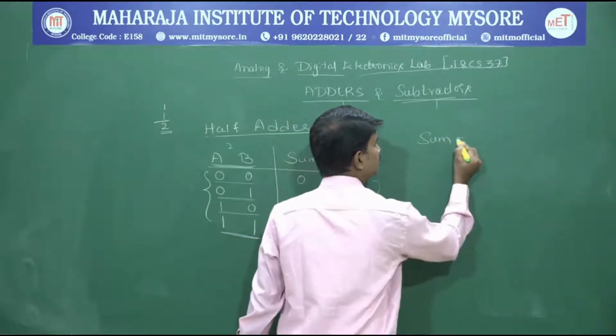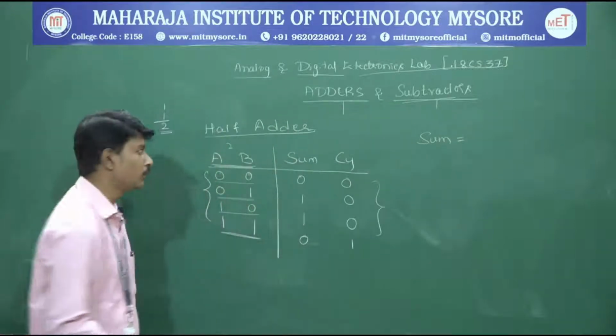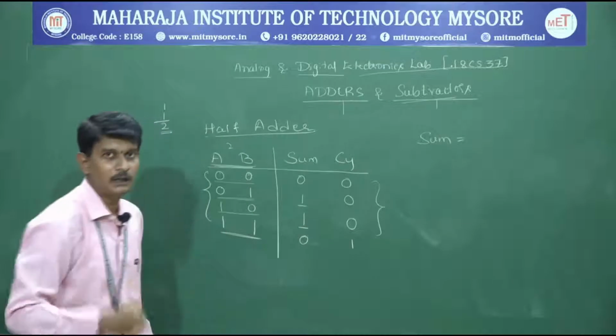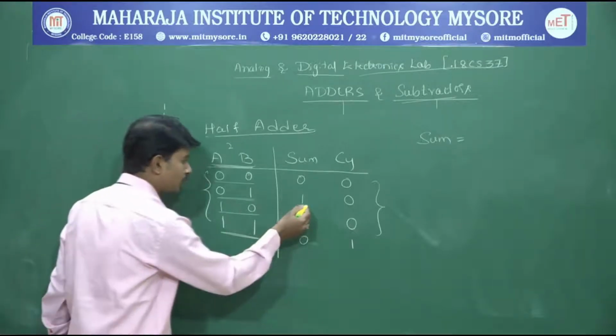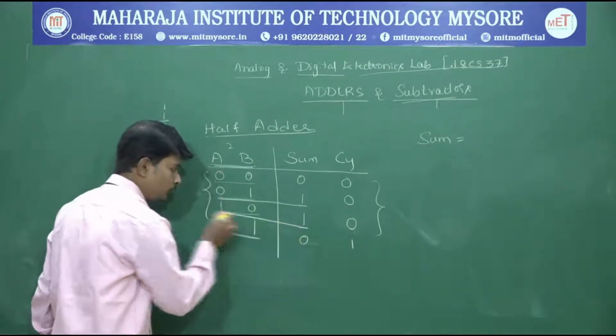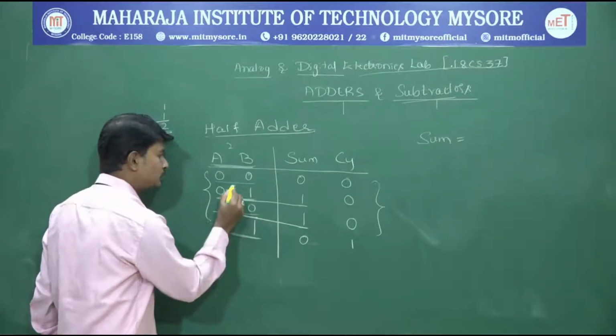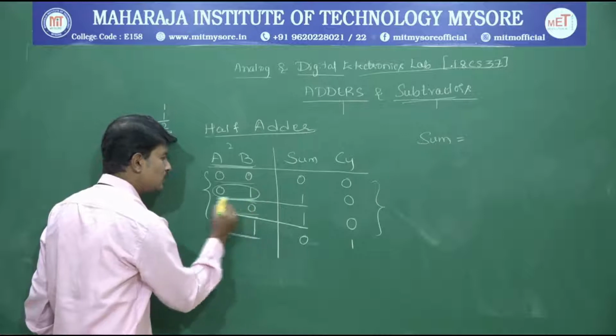Now if I want to convert that into an expression, let's see, I want to come here so that it is clearly visible. For the sum, I'm going to check where the output is high. In the corresponding truth table section, I'm going to check these variables.